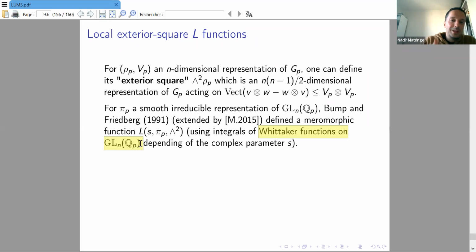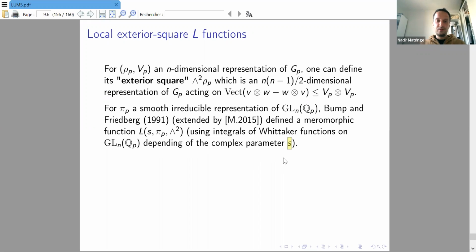You obtain the so-called Whittaker model of pi_p. Then you can integrate these functions on GL_n(Q_p), or more precisely on some subgroups of GL_n(Q_p), against some quantity depending on a complex parameter.